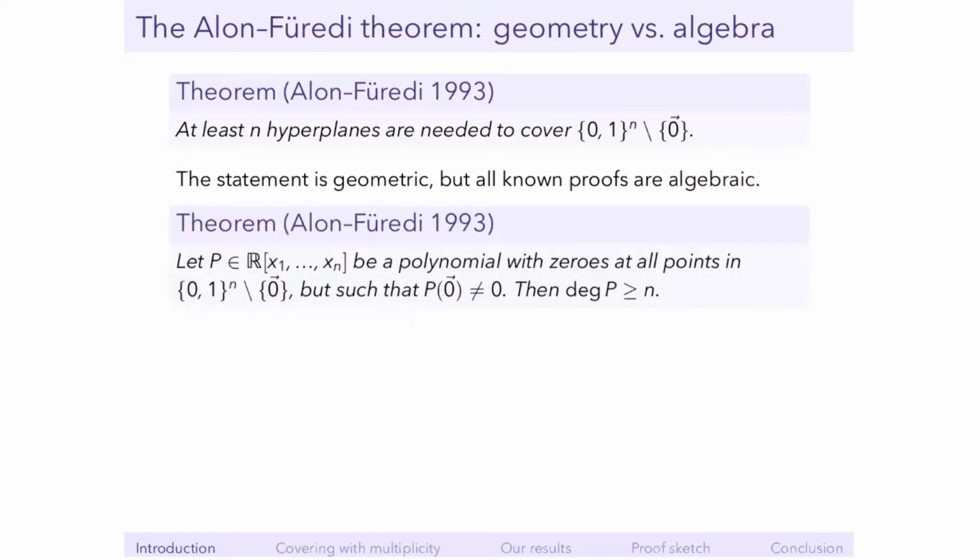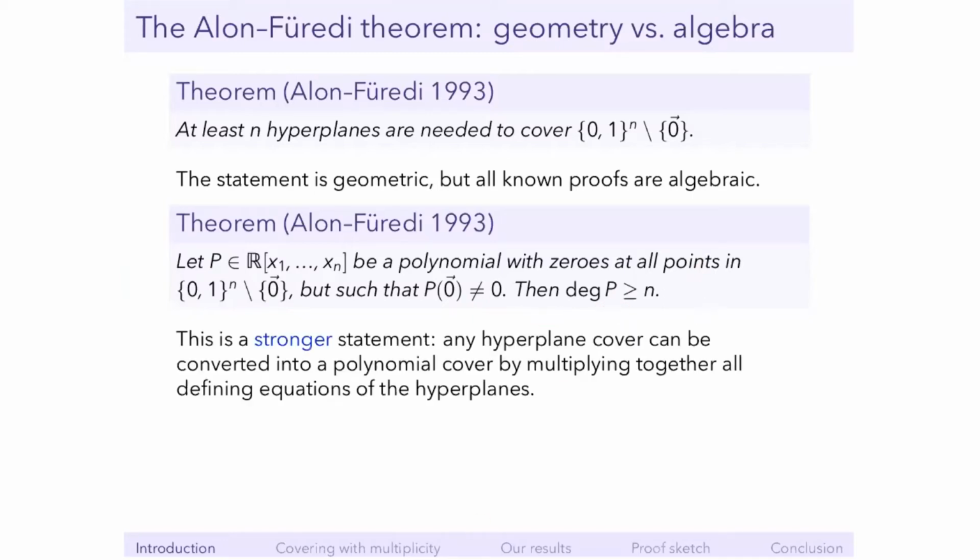Alon-Füredi actually proved the following stronger theorem. Suppose you have any polynomial that vanishes at every point of the hypercube, but doesn't vanish at the origin. Then any such polynomial must have degree at least n.